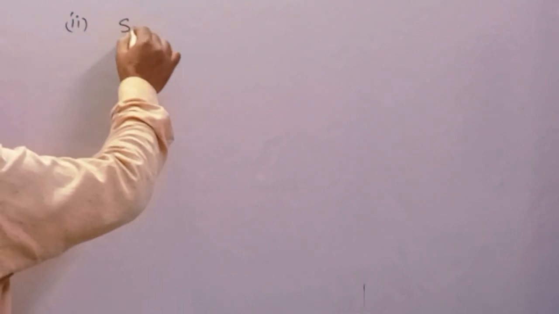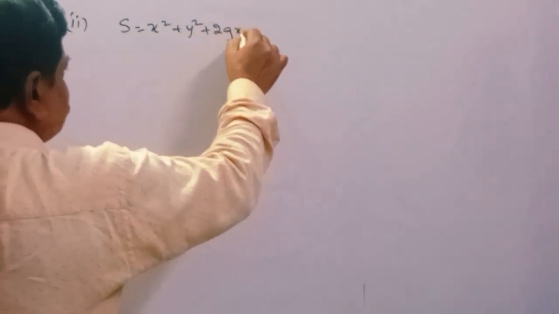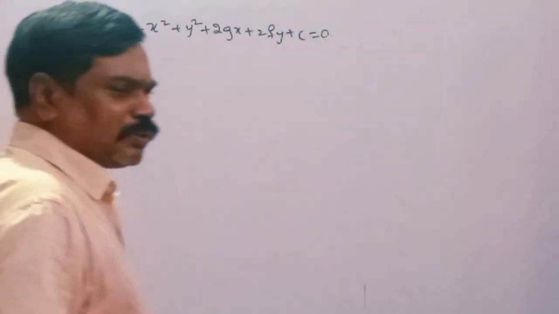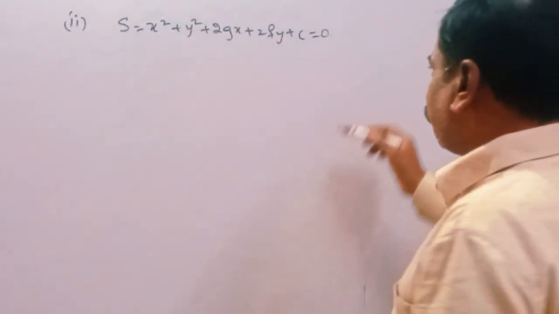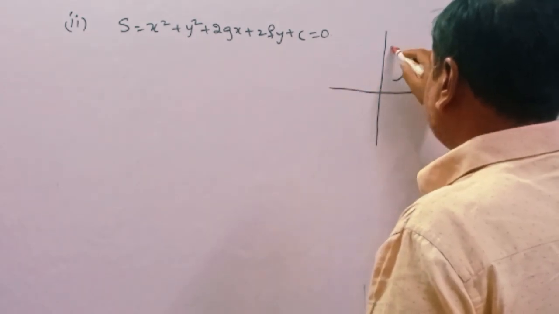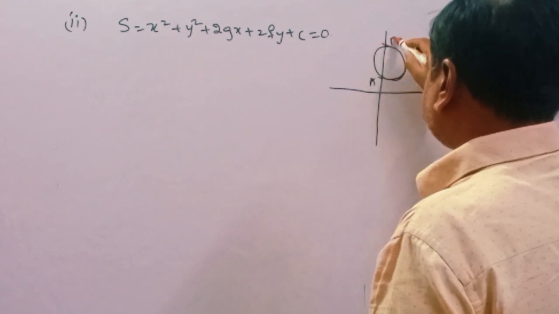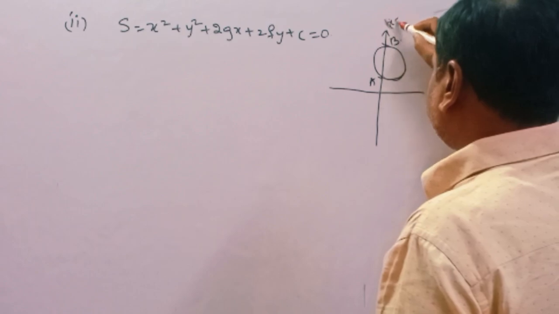Now case 2, the second one. S is equal to x square plus y square plus 2gx plus 2fy plus c equal to 0 is the general circle equation. If it cuts the y-axis, so this circle cuts the y-axis at 2 points, then y-axis means x is equal to 0.